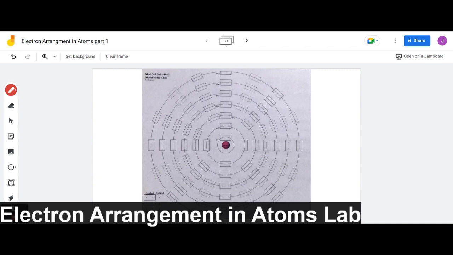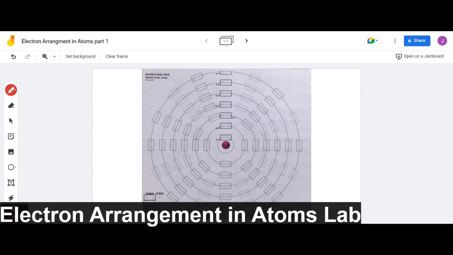Notice that in the center of the picture, there's a red sphere labeled nucleus. The first ring around that is the first principal energy level, n equals 1. In that first ring, there's one box representing the one orbital that you find in that first principal energy level.